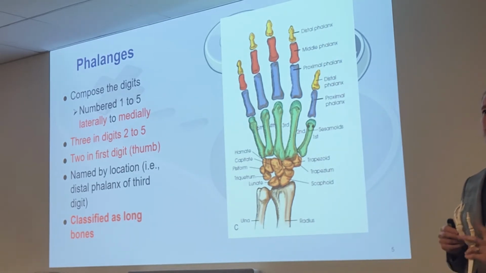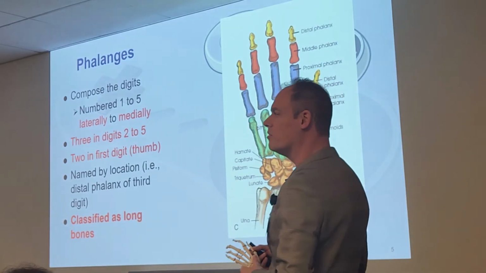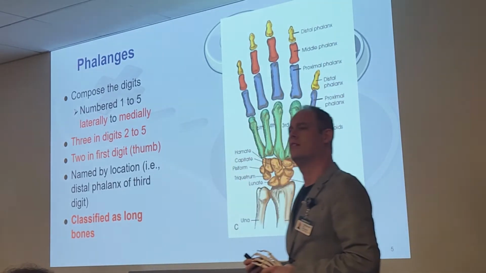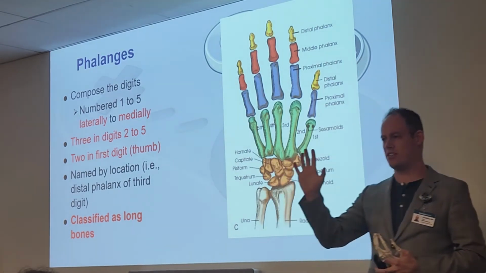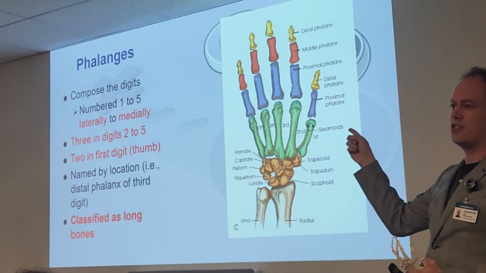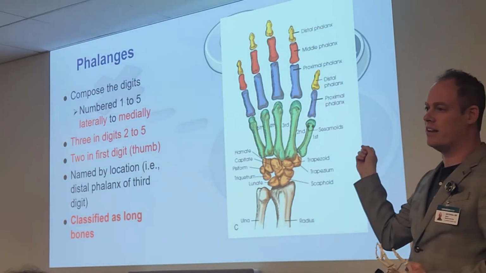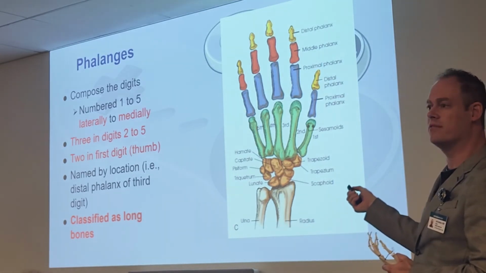So we have 4 middle ones? What's that? So we only have 4 middle ones? 4 middle what? Phalanges. We have 5 digits, but there are 3 phalanges on digits 2 through 5, and 2 phalanges on digit 1. The phalanx is referring to each of these divisions.